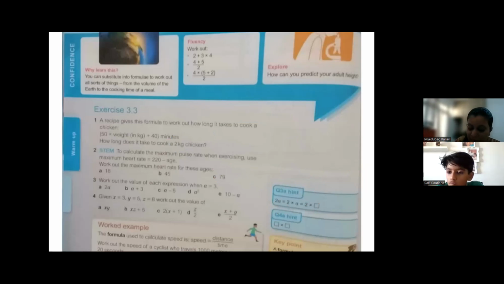To calculate the maximum pulse rate when exercising, use maximum heart rate equals 220 minus age. So we can write that heart rate is equal to 220, which is the fixed value, minus whatever is the age of the person.